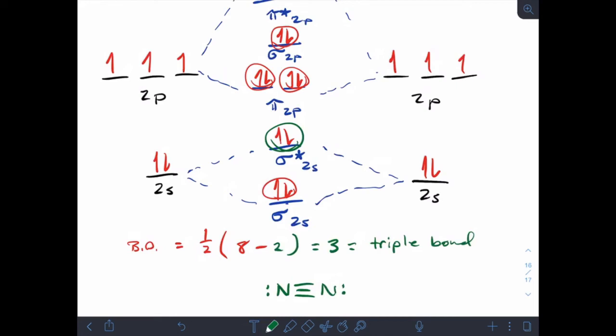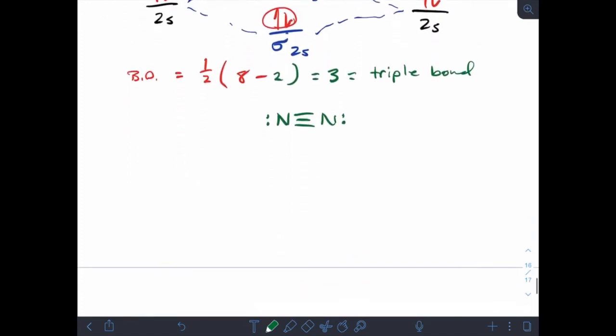All right? So when we're dealing with these larger molecules, there are 2 different arrangements of our MO diagram.